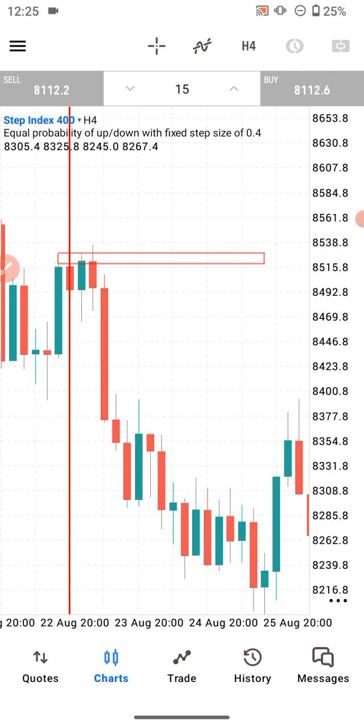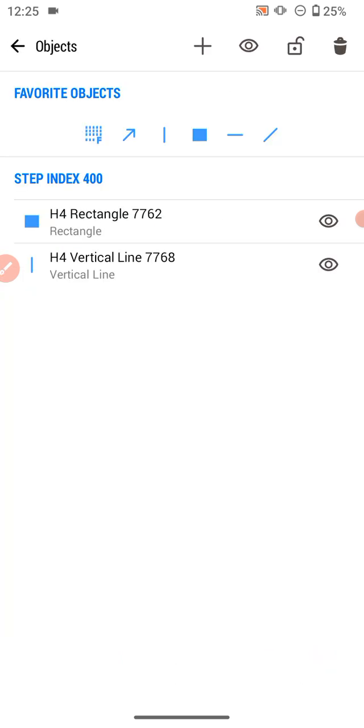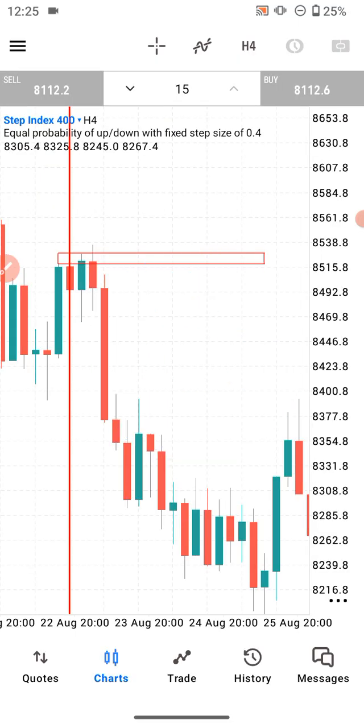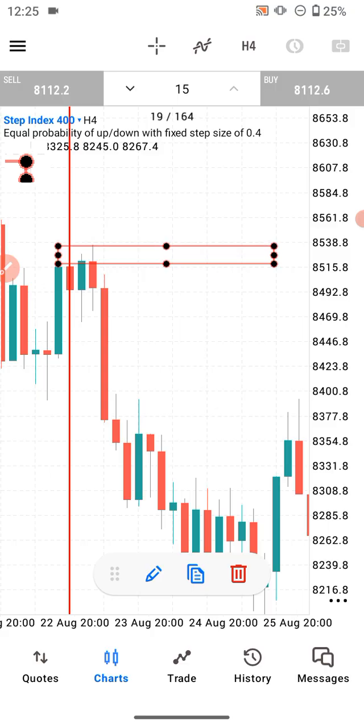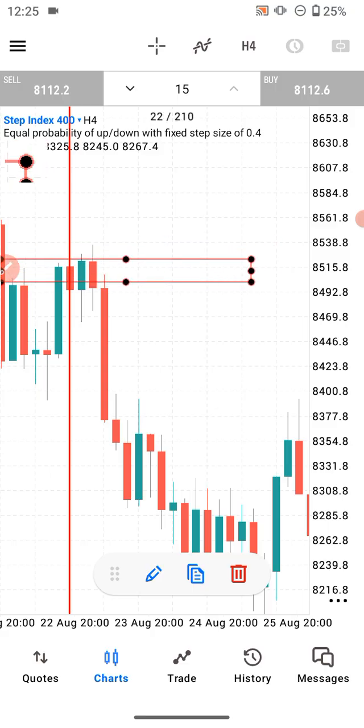Now use this to identify the resistance. Now that I've used the 4-hour, I've drawn this supply zone on this 4-hour time frame. This is a very good area. I've already graphed out a supply zone where the market was doing major work.